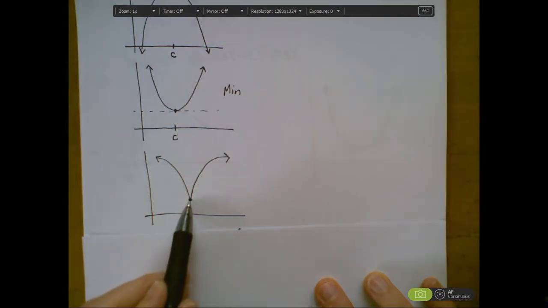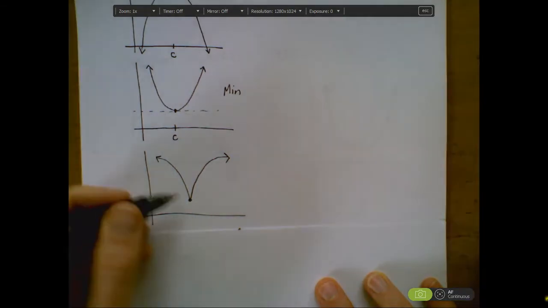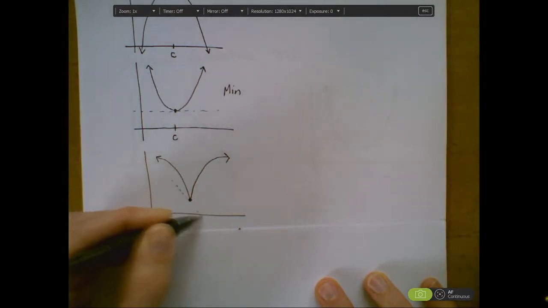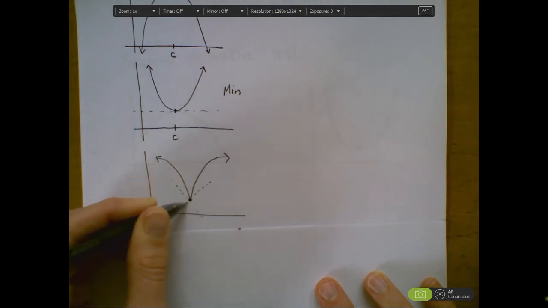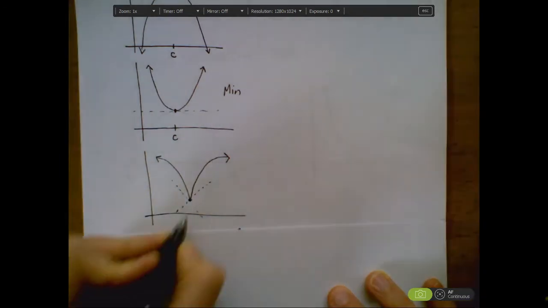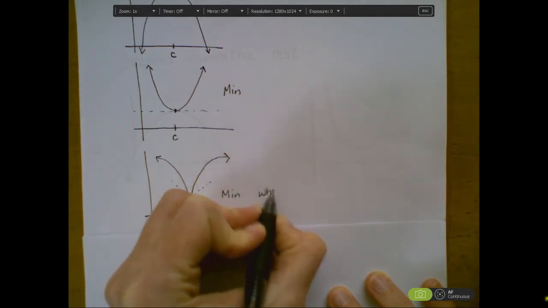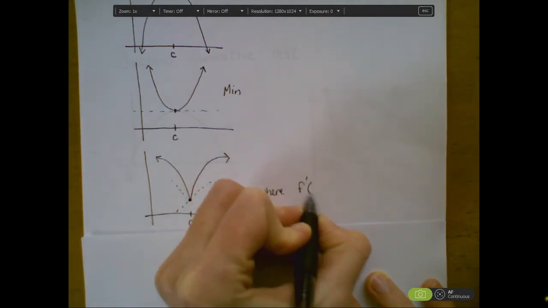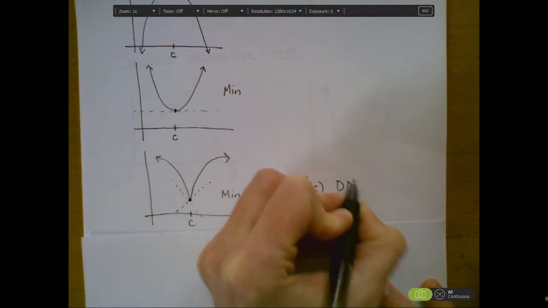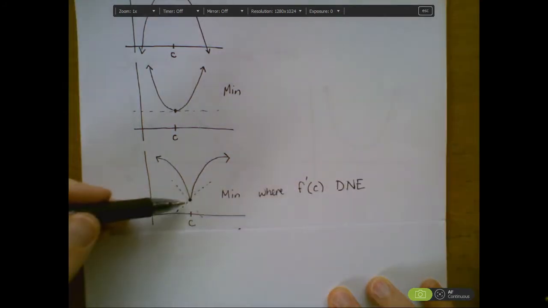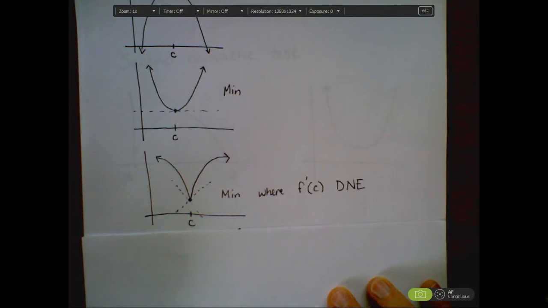But notice that the derivative doesn't exist at this point. The derivative is not equal to 0 because you can't really draw a tangent line at this point, right? It's a cusp. So this is an example of a min where my derivative does not exist, but it's still, in this case, an absolute min.